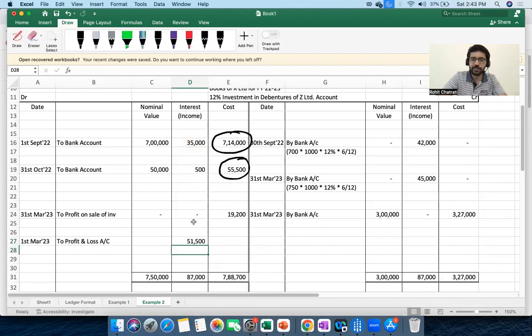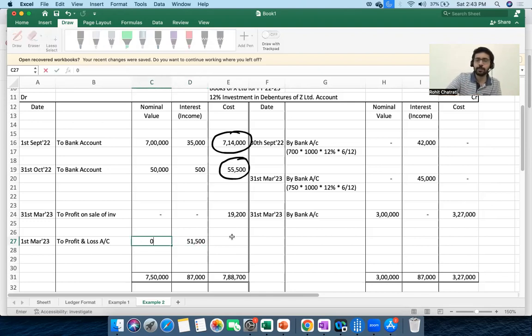The net amount of 51,500 is what is going to be transferred to the P&L account. This 51,500 is actually the true interest that you deserve, which I'll show you in a minute, but let us first finish the remaining part of it.